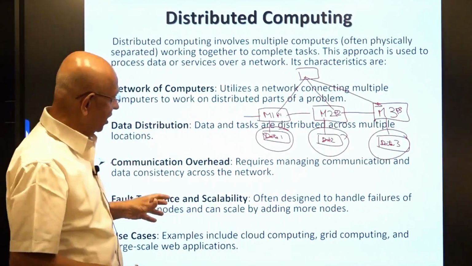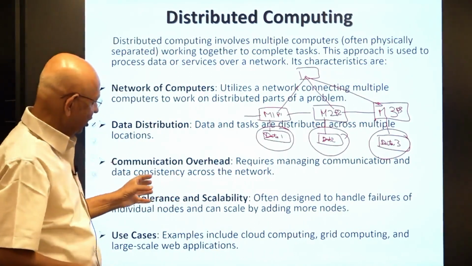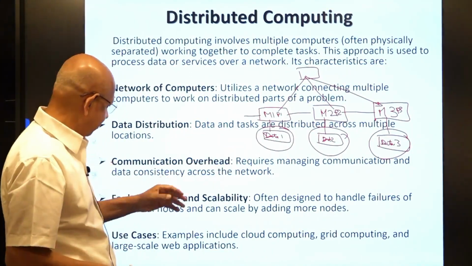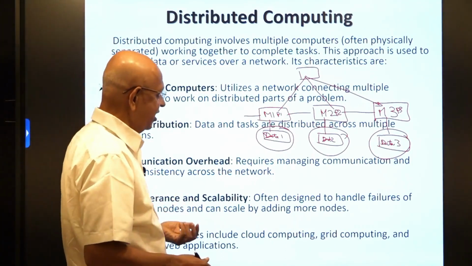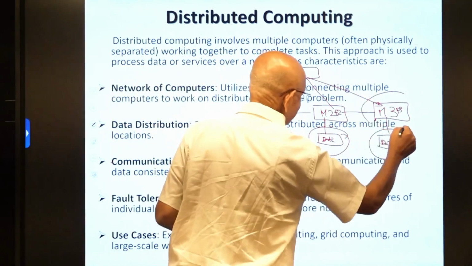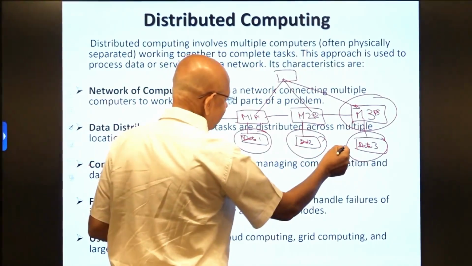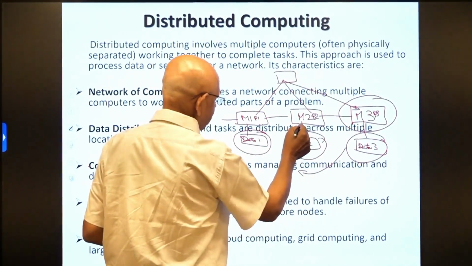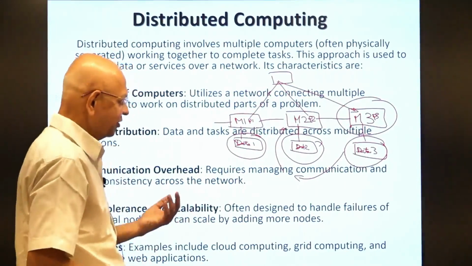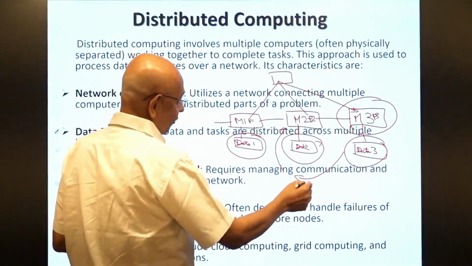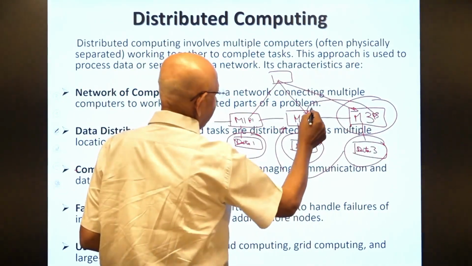So you can see task is the process and data is the data, and they are distributed. There is obviously a communication overhead, and it requires managing communication and data consistency across the network. This system is extremely fault tolerant, because in the eventuality that this machine goes down, this data would automatically be shifted to another machine, or that machine may already have a copy of the data which it is not currently using, and process P3 would migrate to that machine.